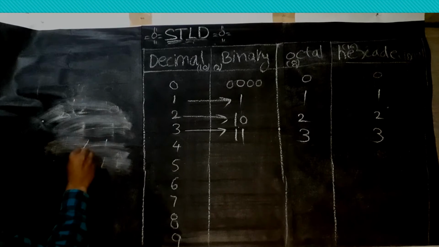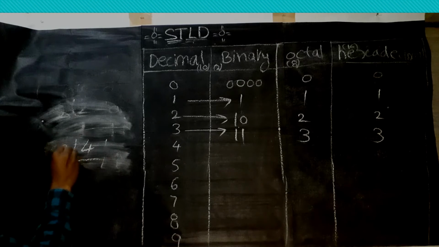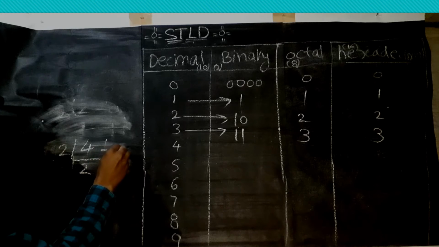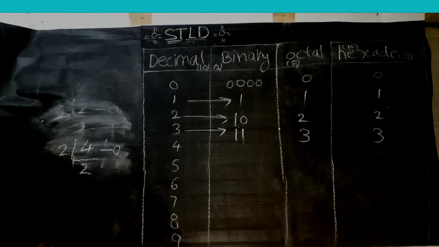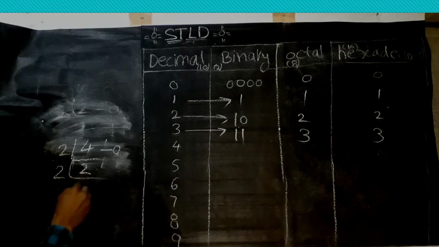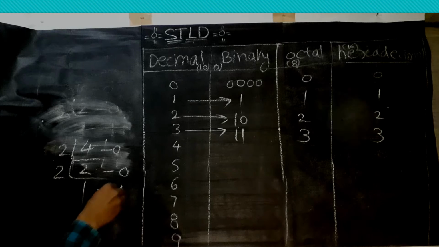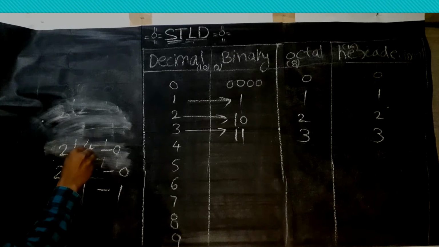Now the fourth. Divided with binary number 2. 2 2s are 4, remainder 0. 2 ones are 2, remainder 0, and the value is 1. Here, this is the decimal number system.